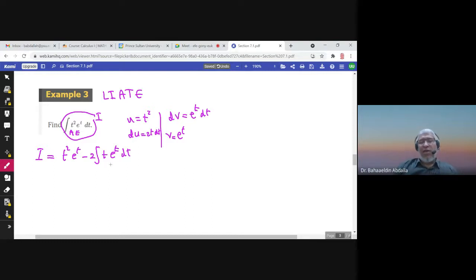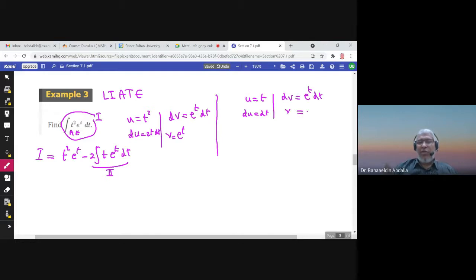So the new integral is easier than the previous one, because before we had t square and now we have t. But still, we need to use integration by parts another time to find this integral. If I call this integral double I, I will take u equals t because it's algebraic, and du would be dt, and dv would be e^t dt.